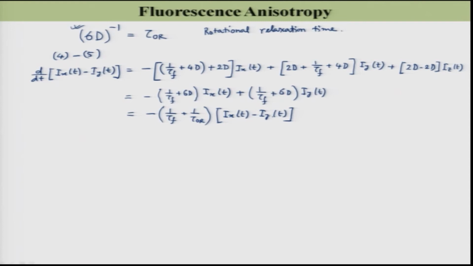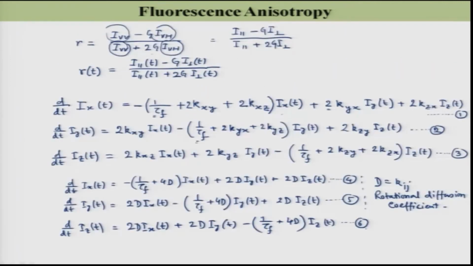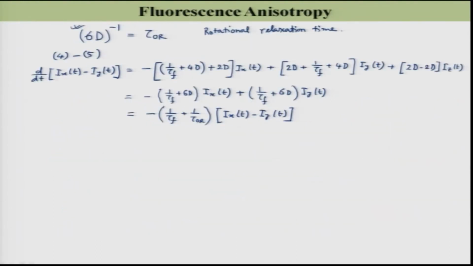Okay. Now, what I will do? I have done the 4 minus 5. Now, I can do that for x and z. So, then it is equal to 4 minus 6, I can do 4 minus 6, but before doing that let us integrate this.